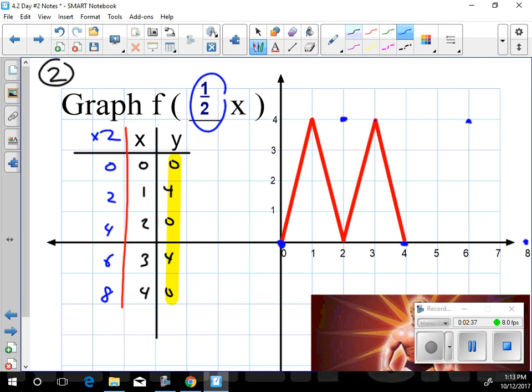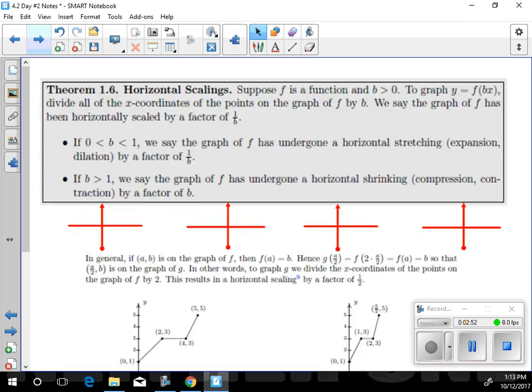And so now we get the old Stretch Armstrong. Well, it has been stretched horizontally by a factor of 2. Awesome. Again, this is horizontal scaling, a little bit of information on that.